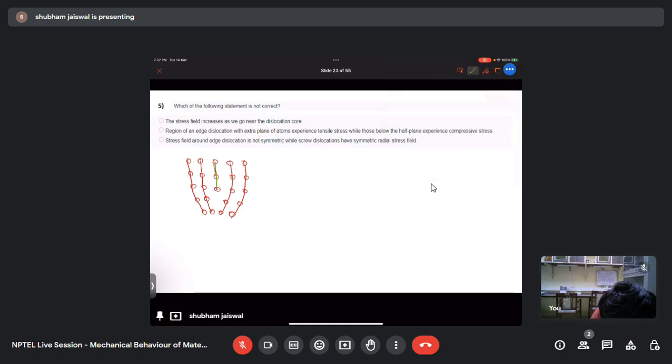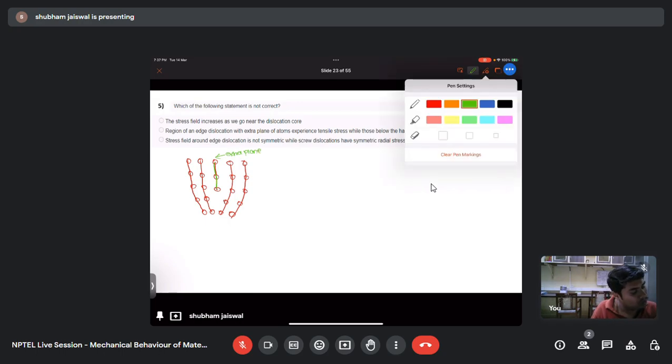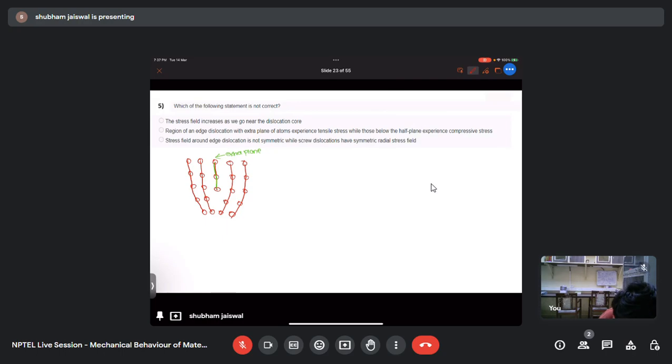This is the extra plane. So here, this is the stress field for screw dislocation, and let's draw this.